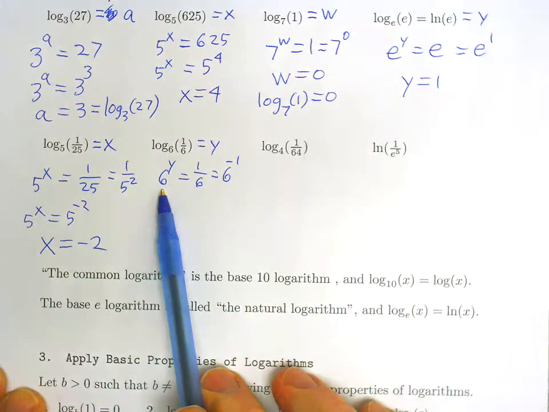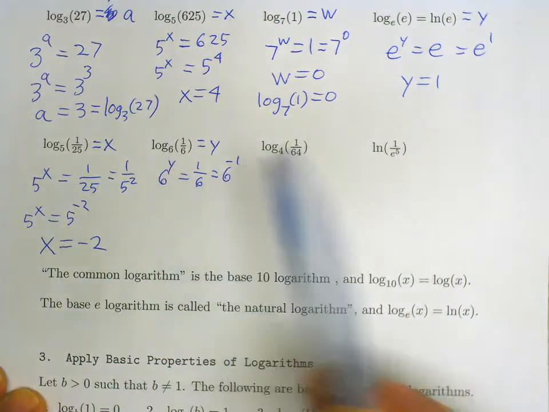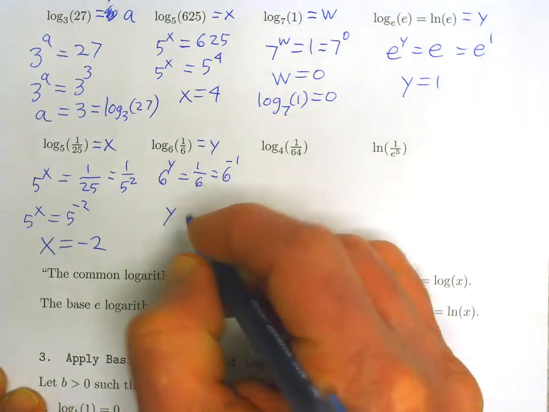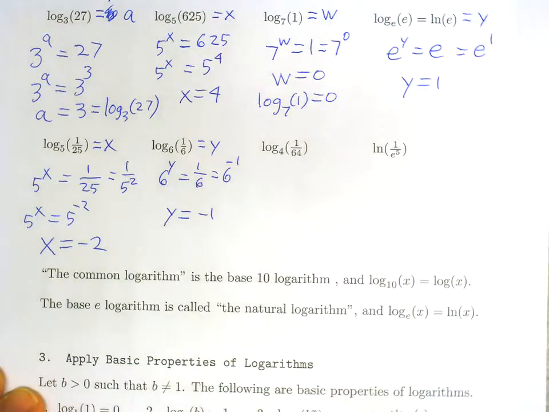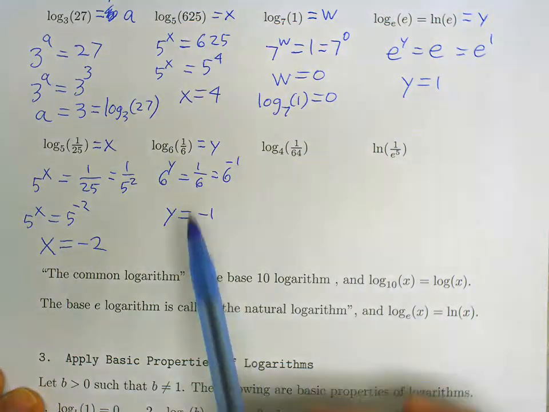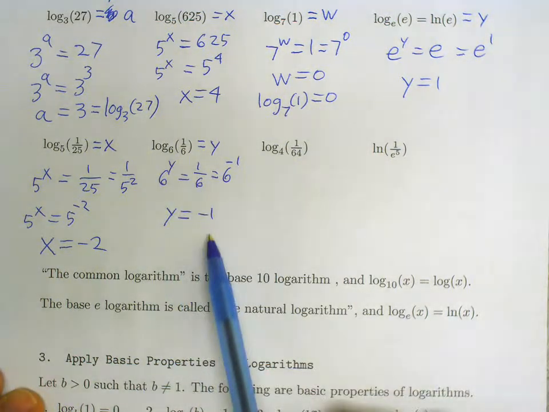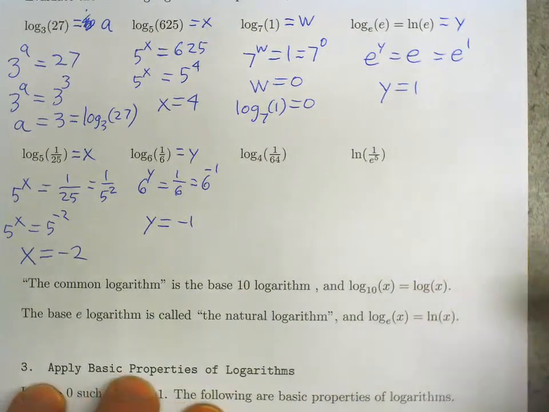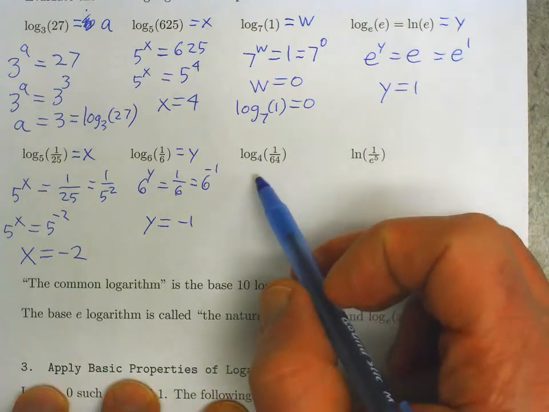So if 6 to the y equals 6 to the negative 1, then the exponents are equal according to the equivalence property. So that means log base 6 of 1/6 equals negative 1. Okay, I'm sure you got the hang of this by now, but let's do the remaining two.